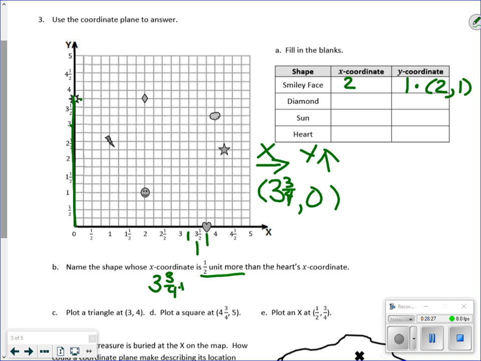So 3 and 3/4 plus 1/2. 2/4 is a half, so then it would be there. So it would be the star.